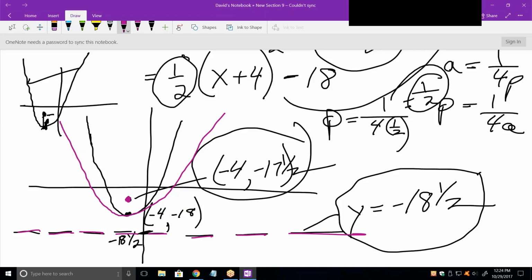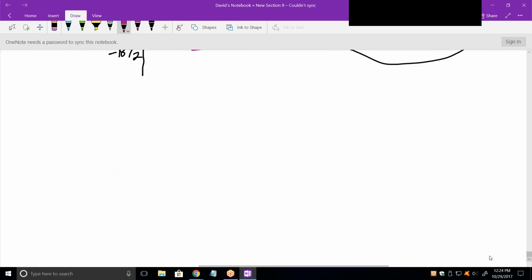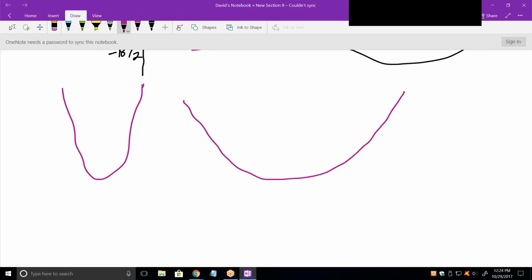Well, it actually does matter, because P was a function of this 1/2. And that 1/2 is what makes it a flatter parabola. Let me just make something clear to you. If I give you a bunch of parabolas, one's like that, one's like that, this parabola, the focus is going to be higher up than this parabola.